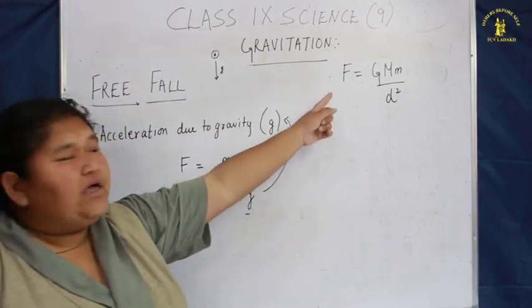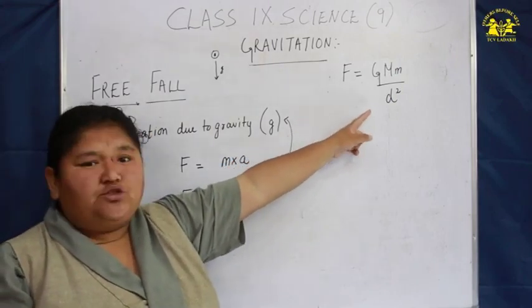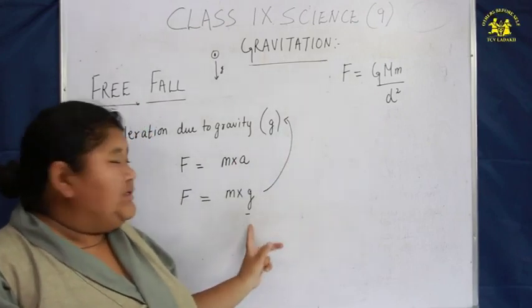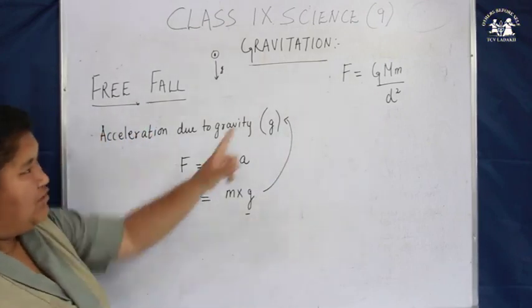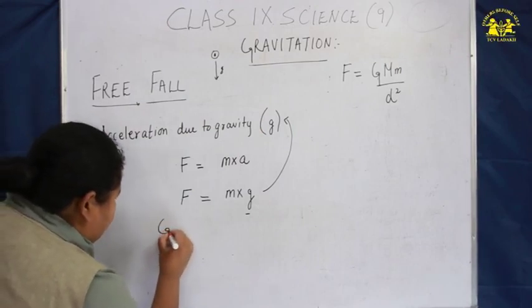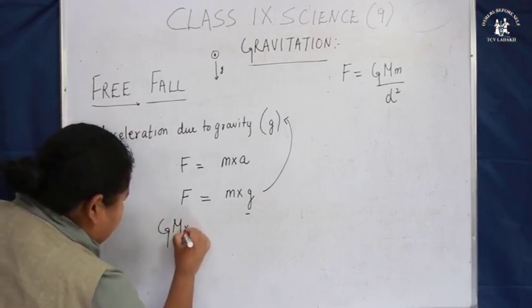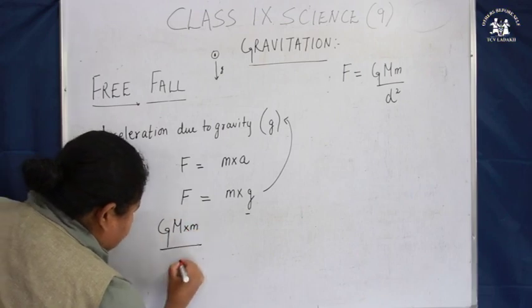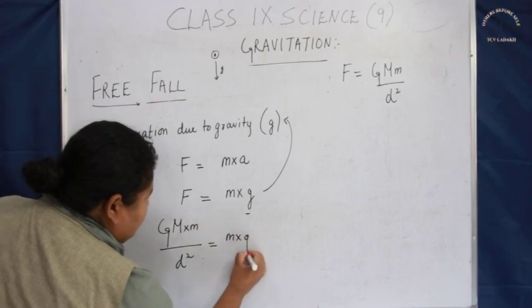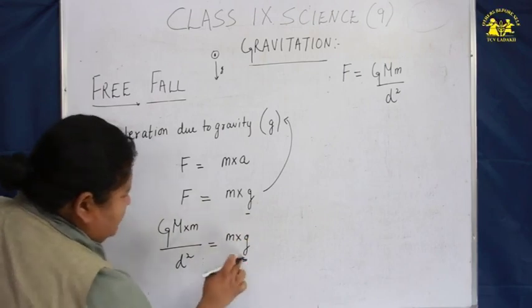Now applying the value of F from this in this equation, right? Let us write G capital M into small m divided by d square is equal to m into g. Right? So now we have to find the value of g.